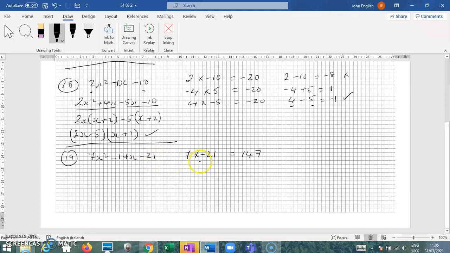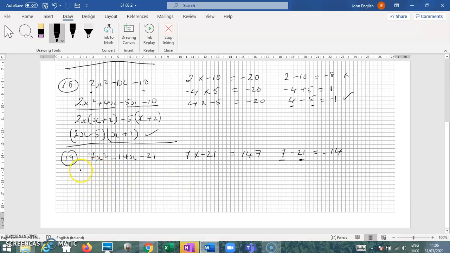Now we're looking for two factors here that when added together give us minus 14. Okay, well 7 and minus 21 won't work. Or will it? Hang on a second. Yes, it will actually. So if we put in 7 and minus 21, actually that does work, handy enough. Nearly made a mistake there. We'll get minus 14. So these are the two numbers that we actually need. That turned out a little bit easier than I thought.